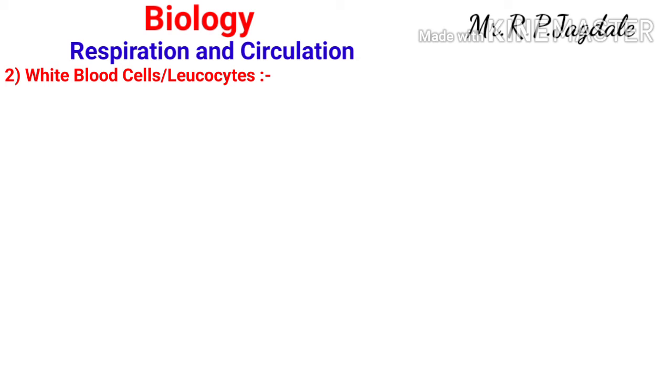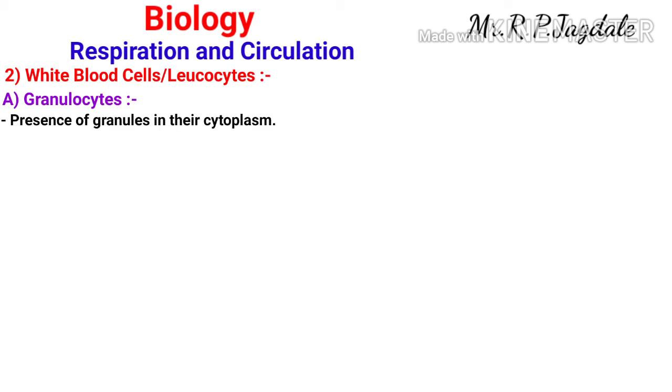First we will see the granulocytes. Why are they called granulocytes? Because there is a presence of granules in their cytoplasm. Presence of granules is called granulocytes, absence of granules is called agranulocytes.